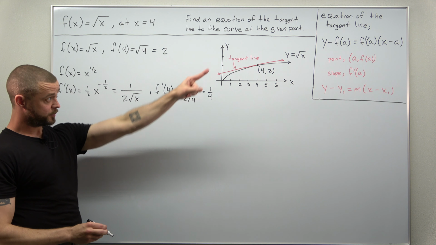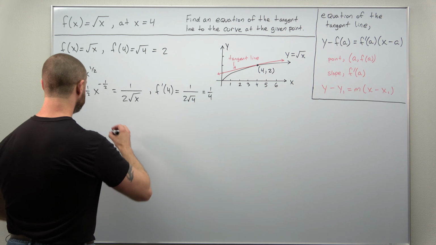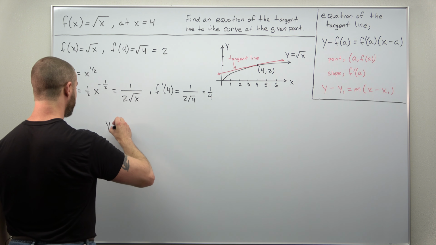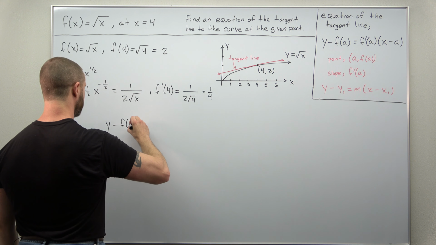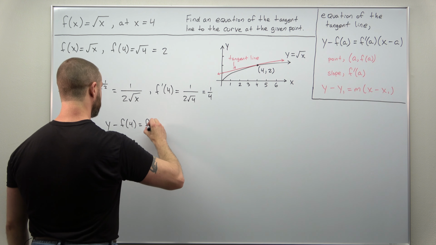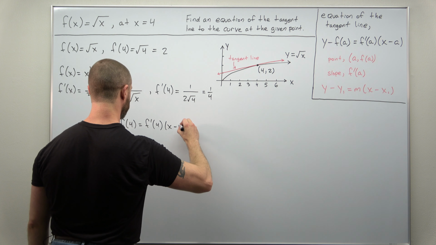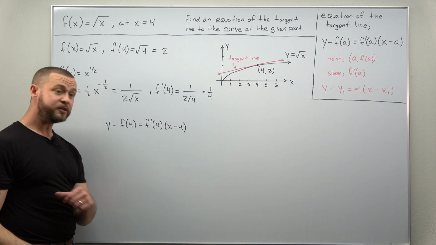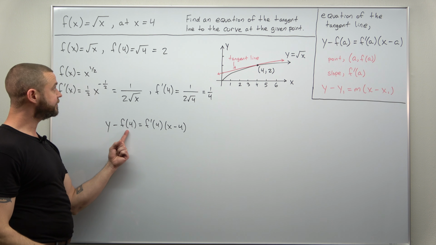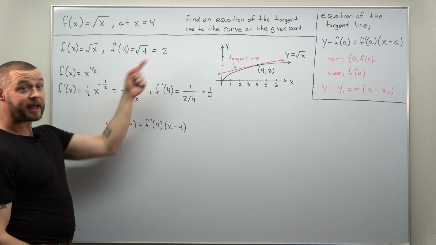Our a value in the general form is 4. So let's write this down as y minus f of 4 equals f prime of 4 times x minus 4. We just need to plug in the two values there. F of 4, we have that as 2.